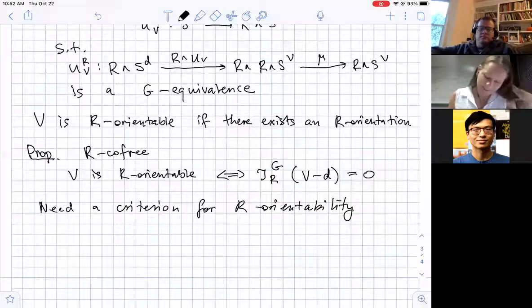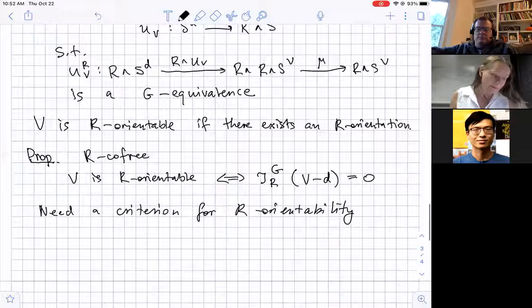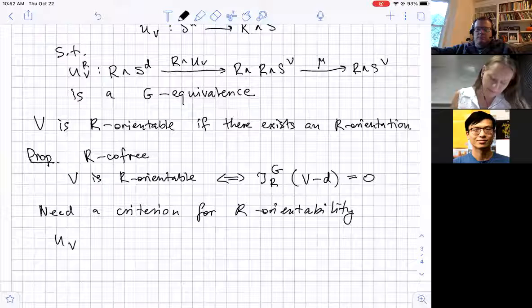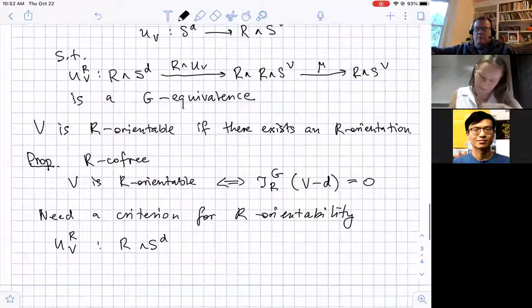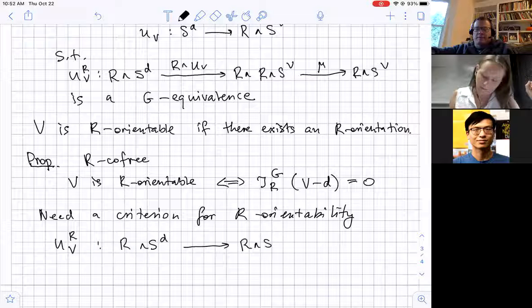Suppose we have an orientable representation. Suppose V is orientable. That means, I'm rewriting what I wrote in the definition, that we have this map, which is a G equivalence.